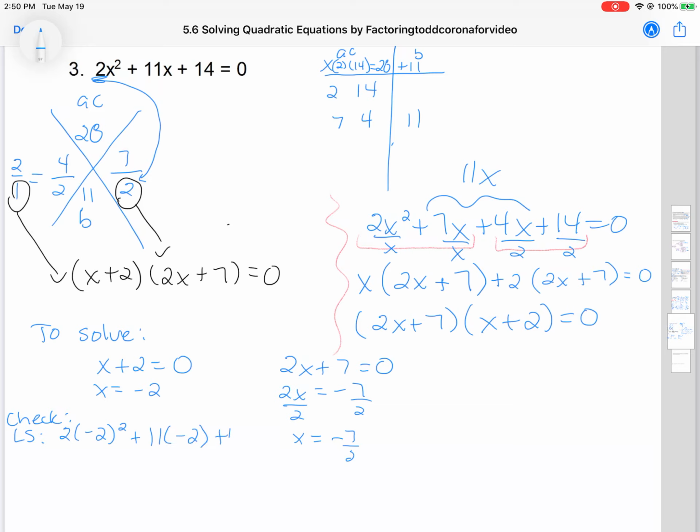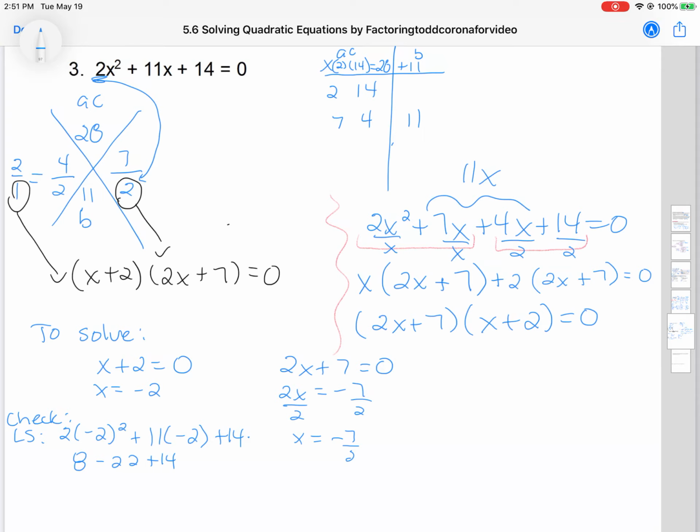So the left side, we got 2 times negative 2 squared plus 11 times negative 2 plus 14. So you have to follow BEDMAS. Okay, so you do the squared first, which is negative 2 squared is 4 times 2 is 8. But again, your calculator, theoretically, you could type this line in and get the answer, okay?